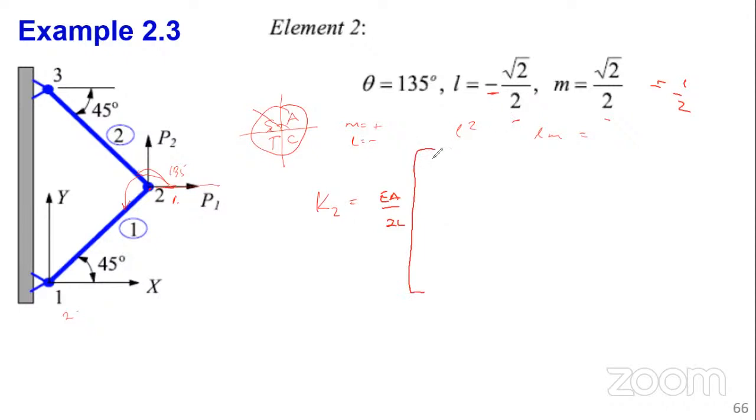Then the others, because of the signs, become minus 1, 1, 1, minus 1, 1, minus 1, minus 1, 1. So far, so good.